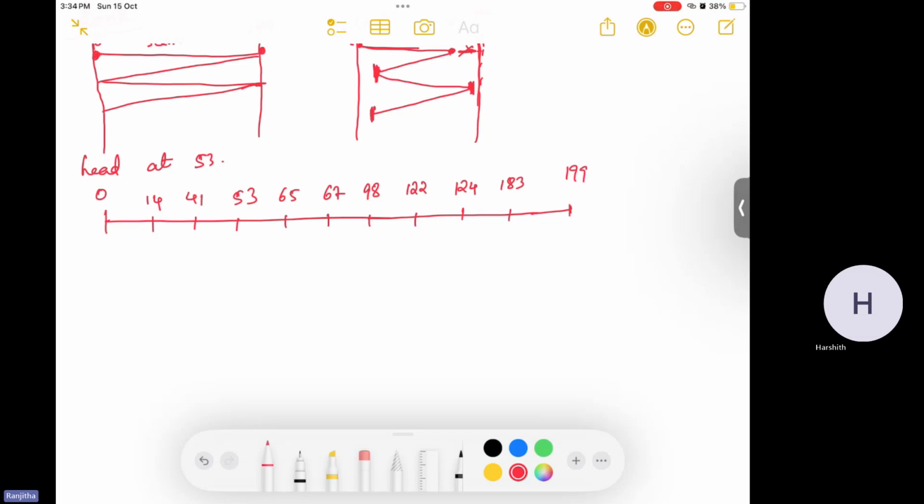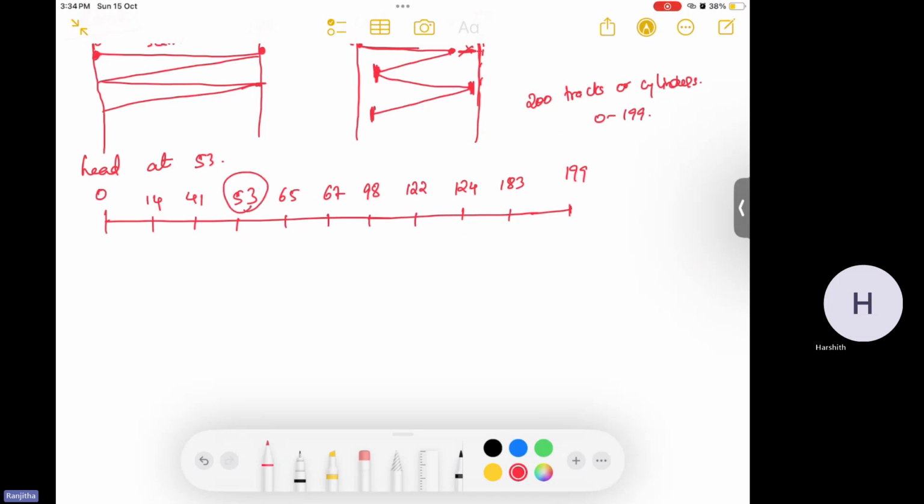I am writing till 199 because we have 200 tracks or cylinders, 0 to 199. This is where the head is.